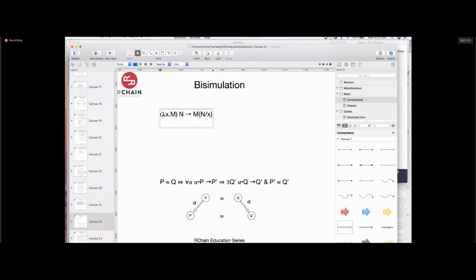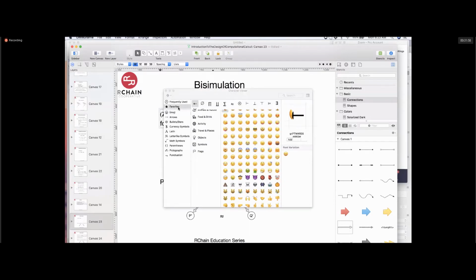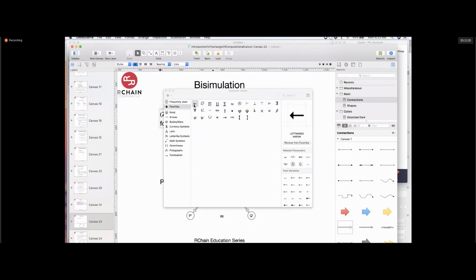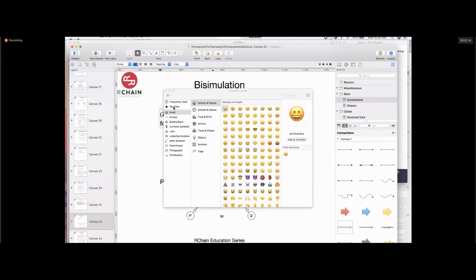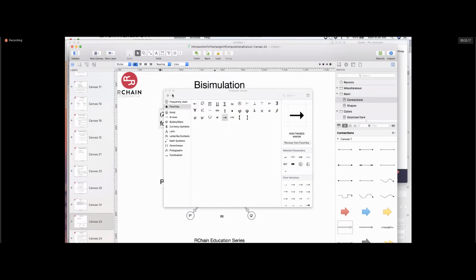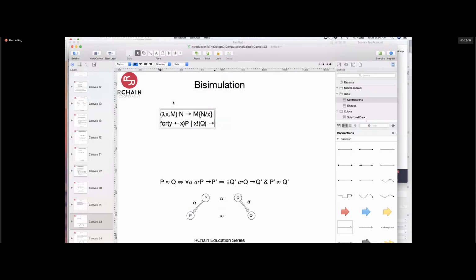And if I have for y from x, p running in parallel with x bang q, that takes me over to p with at q for y.